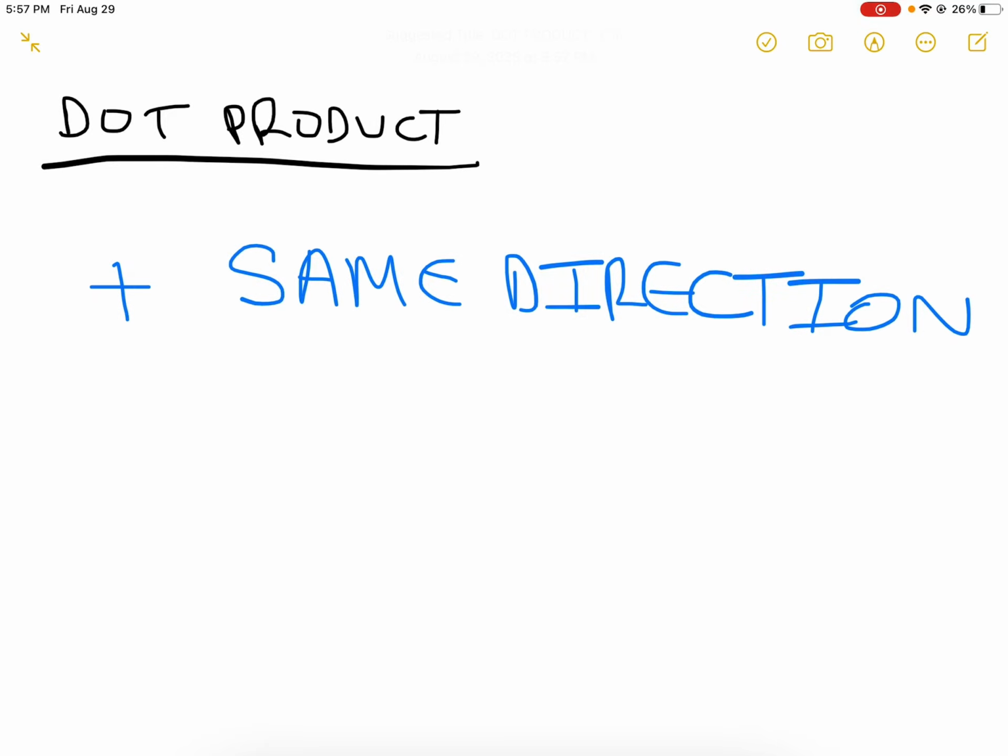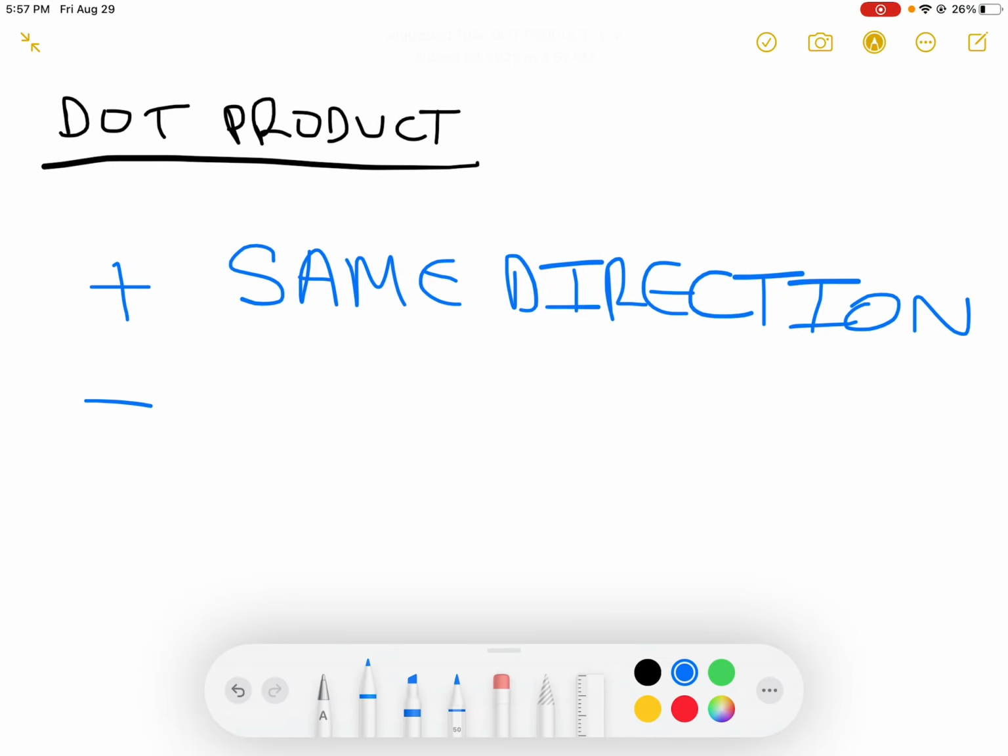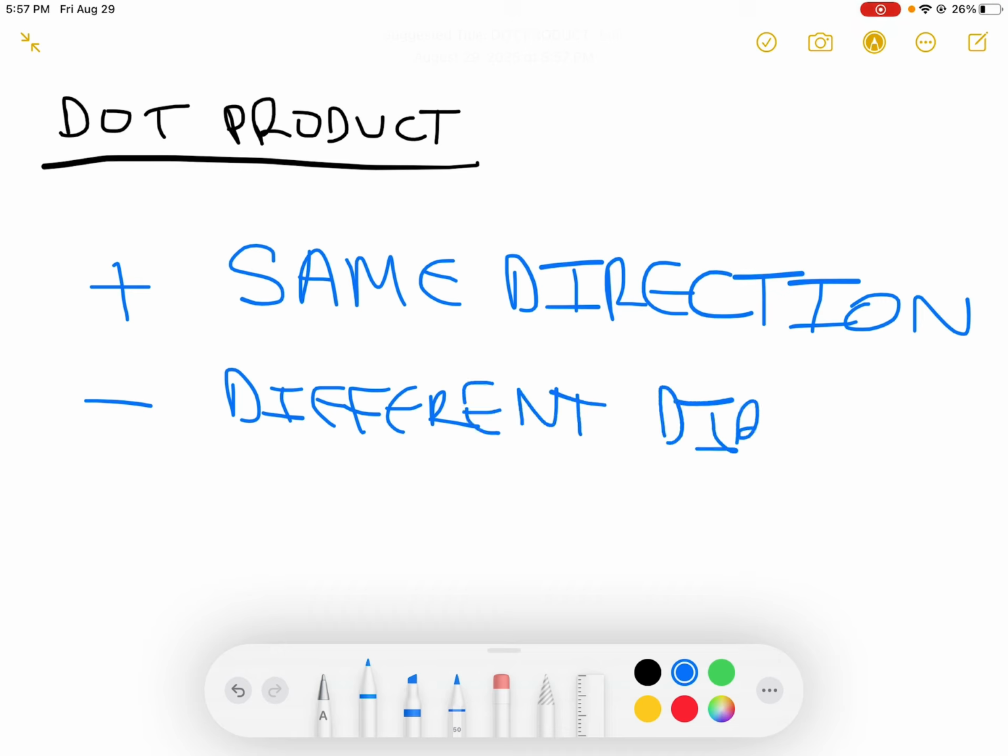Now, if it's negative, then they are in different or opposing directions. But there's also a situation where we get 0.